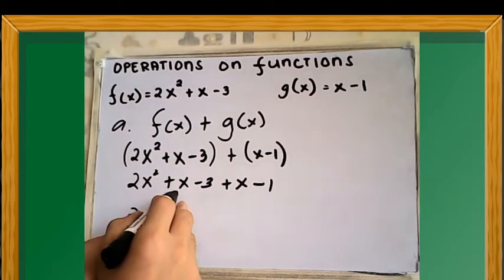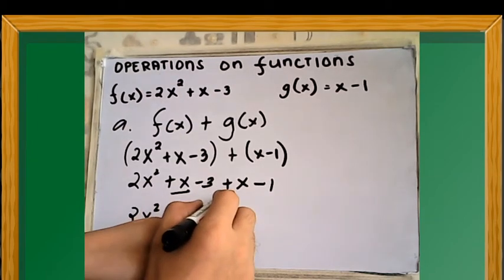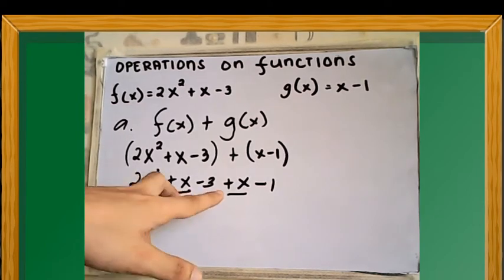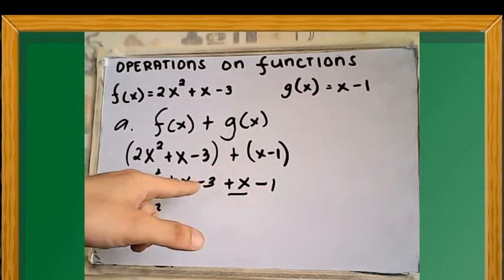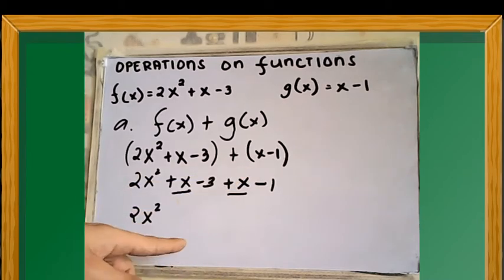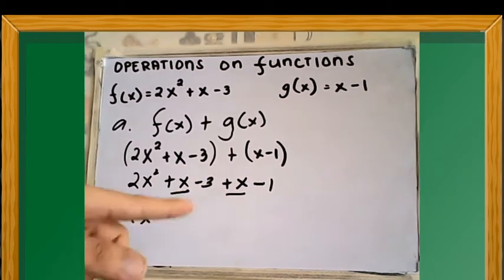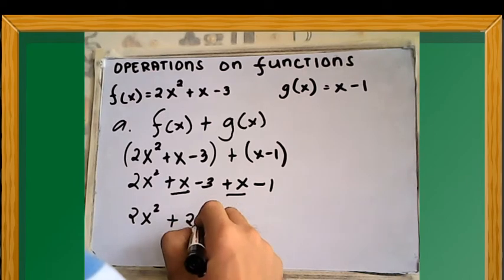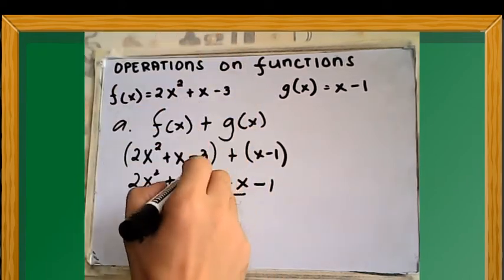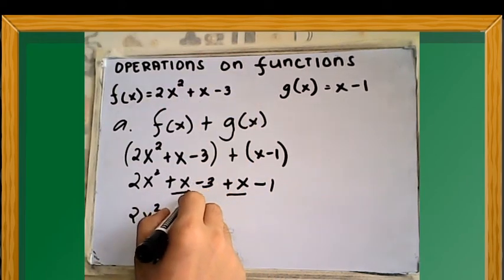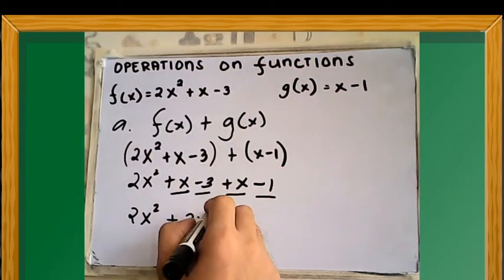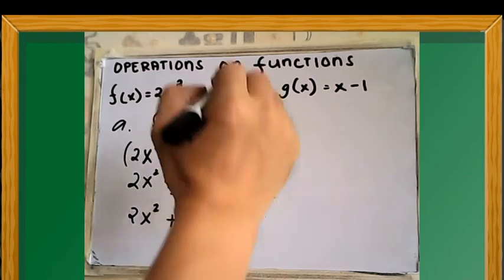Next, so we have x here plus x here and another plus x here. So since they are the same variable and the same exponent, which is 1, we can add x plus x. So that is 2x. So plus 2x. And then constants. So we have negative 3 and negative 1. If we have negative 3 and negative 1, so that's negative 4.